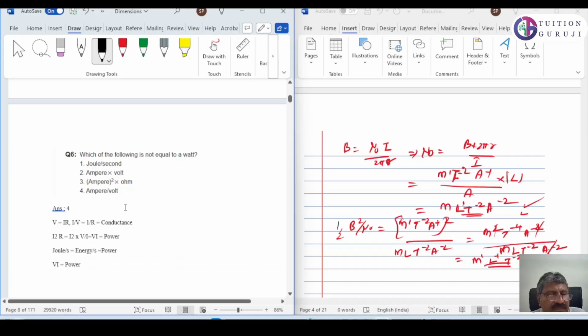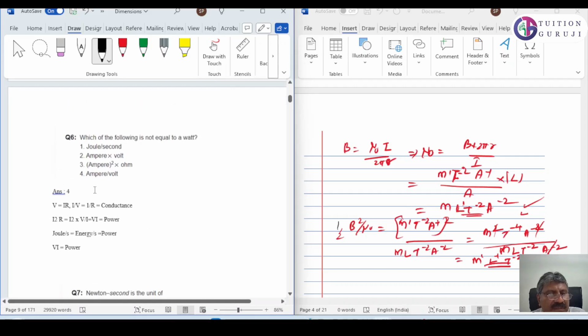Joules per second we covered. Ampere into volt is VI. Now the last one, the fourth one: ampere by volt is I by V. Here V is equal to IR, so it is I by IR, which is 1 by R. That is conductance, the reciprocal of resistance.